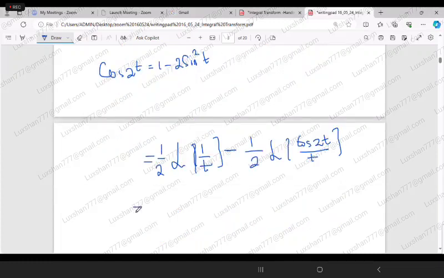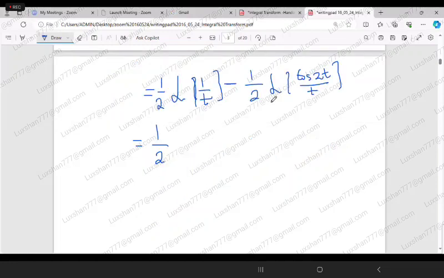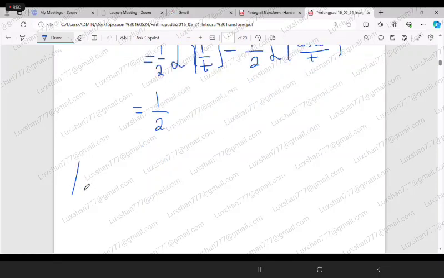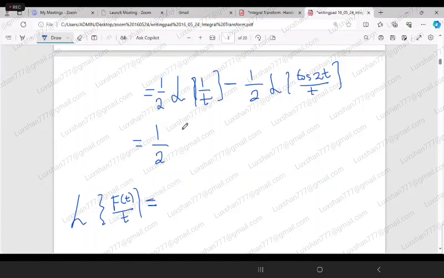So can you tell me the answer of this one? Half into what is the Laplace transform of 1 over t? So you can use the dividing by t property. If you have the Laplace transform of f(t) over t, what is the answer of this one?